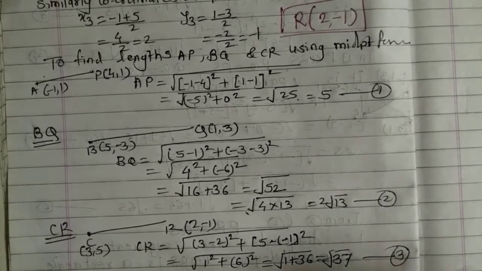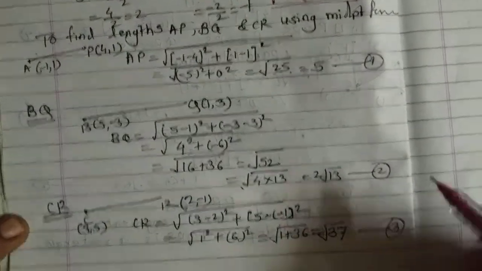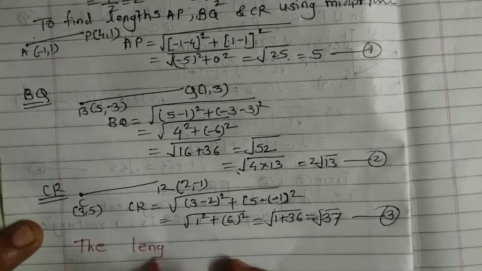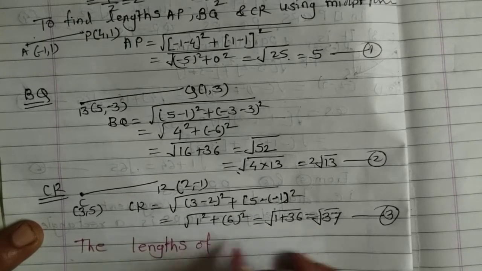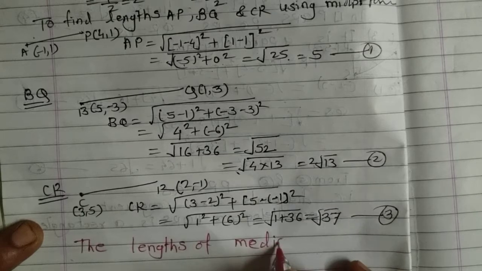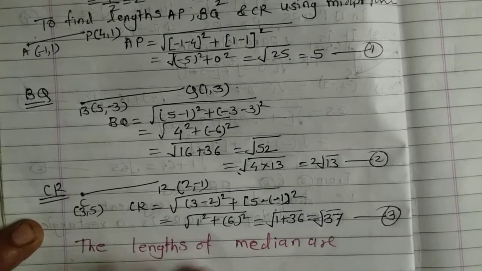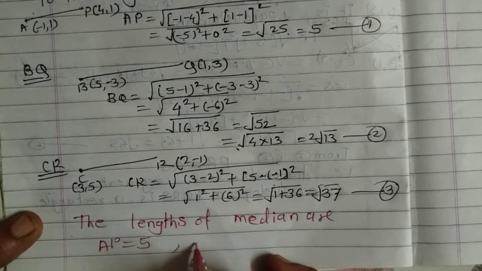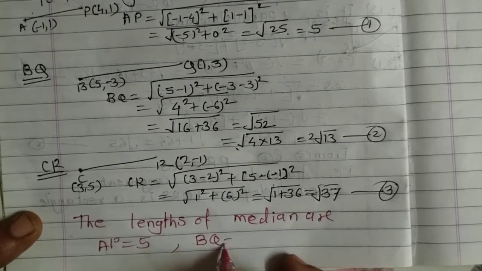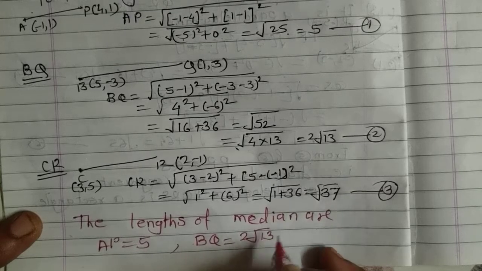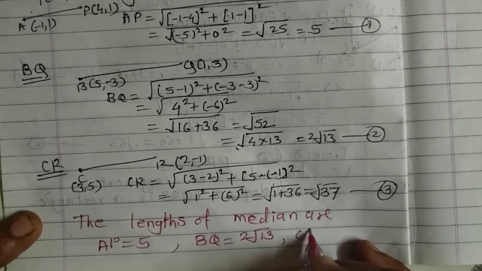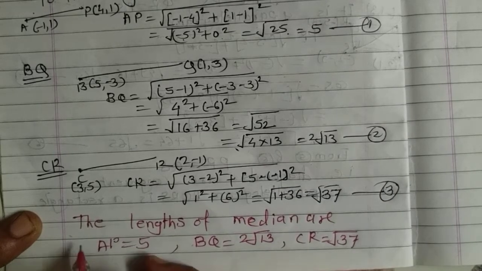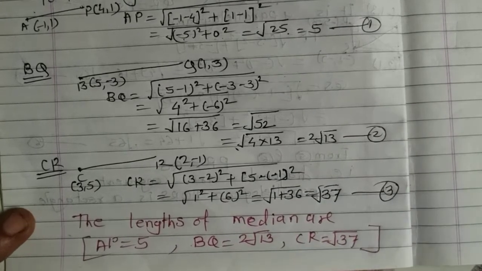And that's why the lengths of the medians are: first median AP is equal to 5, second median BQ is equal to 2 root 13, and CR is equal to root 37, and this is the answer.